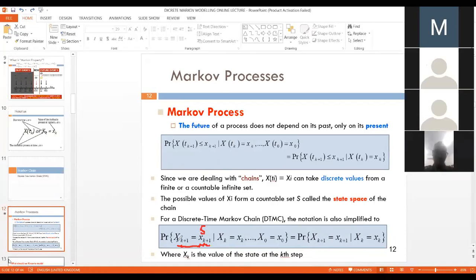So the probability tomorrow being sunny, given that today is maybe rainy, and yesterday, the dot dot dot means we are dealing with yesterday, which is X at k minus 1, X at k minus 2, all the way to the very starting of the process.